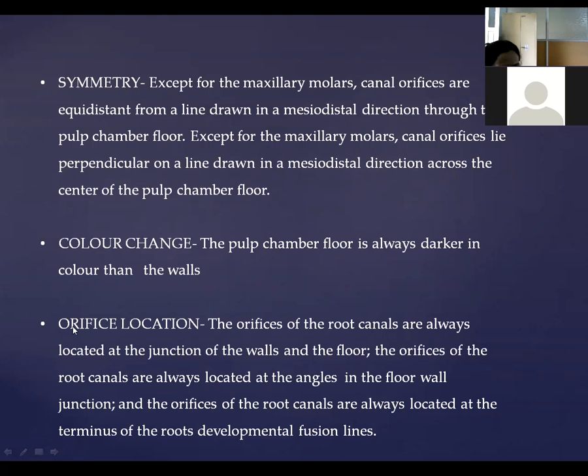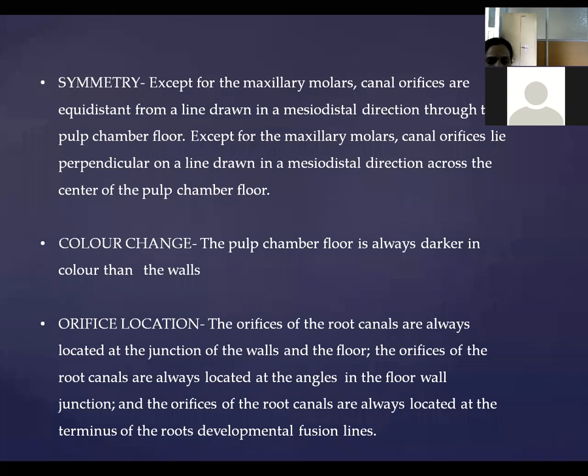They are always located at the junction of the pulp chamber floor and the walls of the pulp chamber. They are never located in the center. They are always located at the line angle junction formed between the floor and the wall of the pulp chamber.